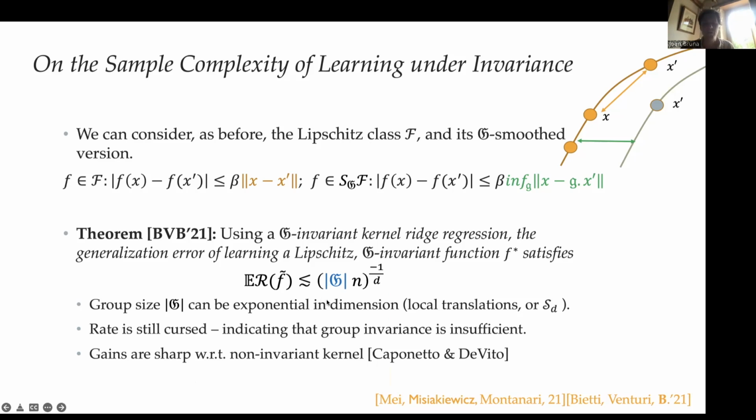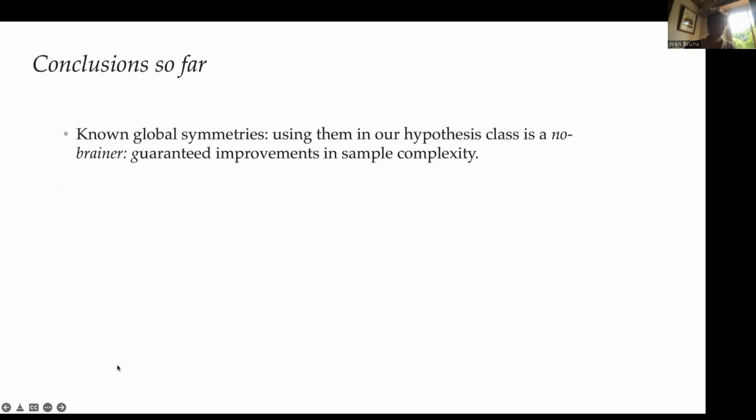If you use a kernel that is not invariant, then you cannot reach this generalization error. So there's a sharp contrast between invariant and non-invariant kernels. The conclusion is that if we use invariance in our networks, we are going to do better. That's a guarantee that I tell you.